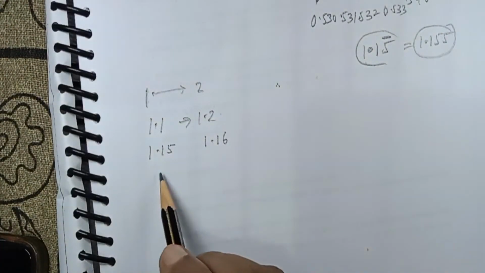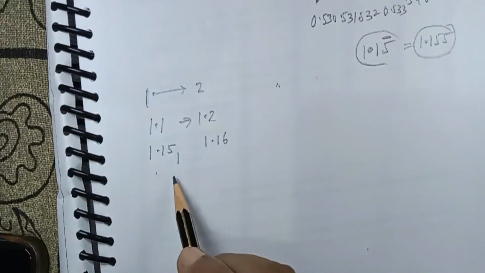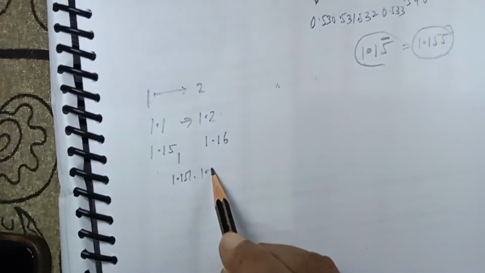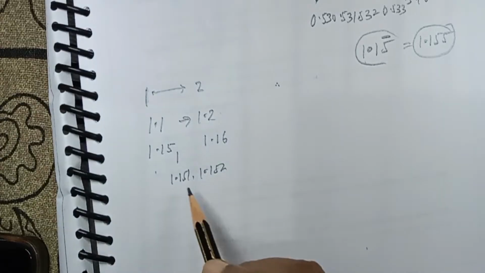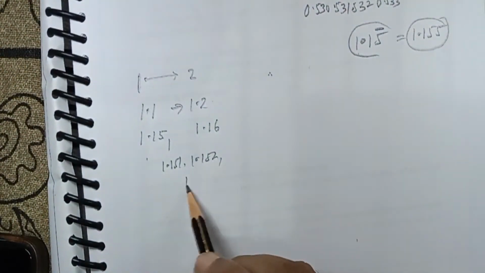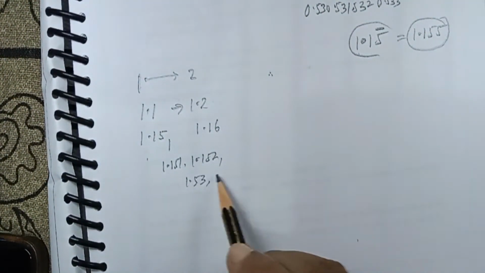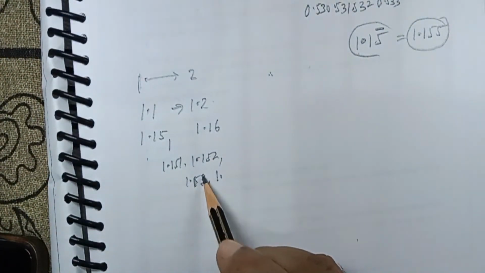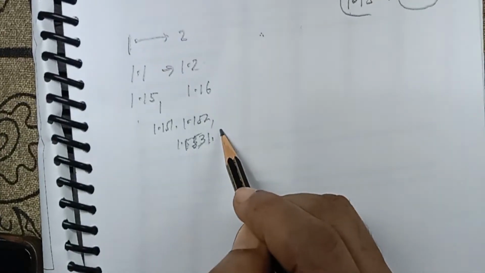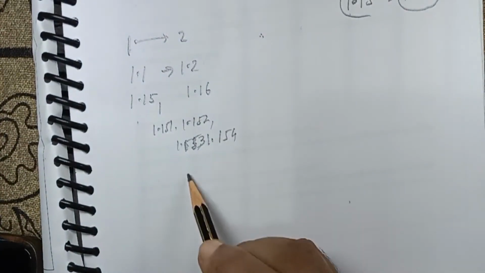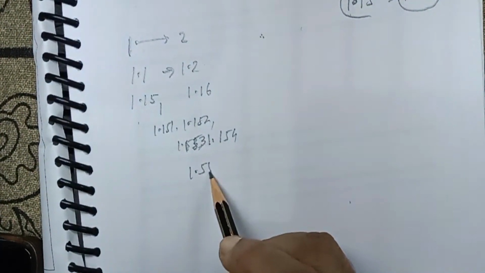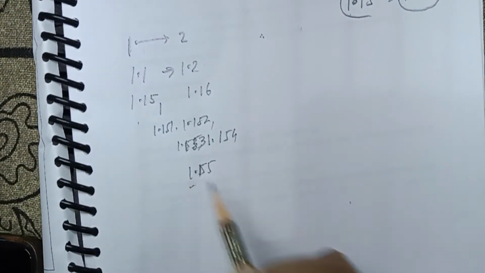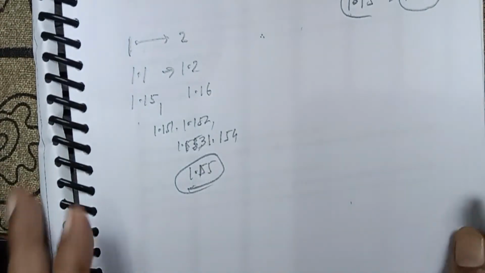1.16 like that. In the numbers 1.151, 1.152, 1.153, 1.154, 1.155. Okay, like that you will get the number. You can see here.